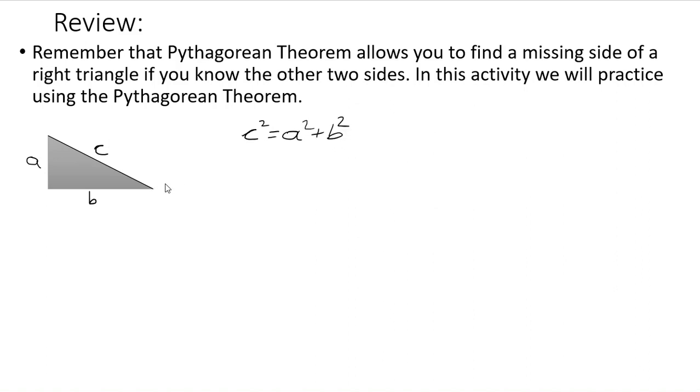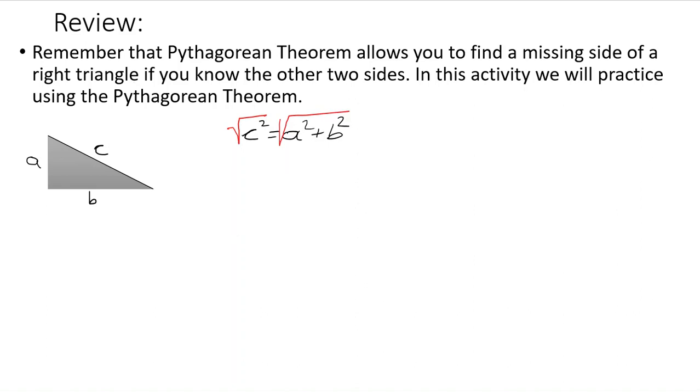In order to find the hypotenuse, we first have to solve for c. That should be pretty simple, because if you take the square root on both sides, and I'm going to pick a different color so we can see the difference. If I take the square root on this side, I'm going to take the square root on the other side as well.